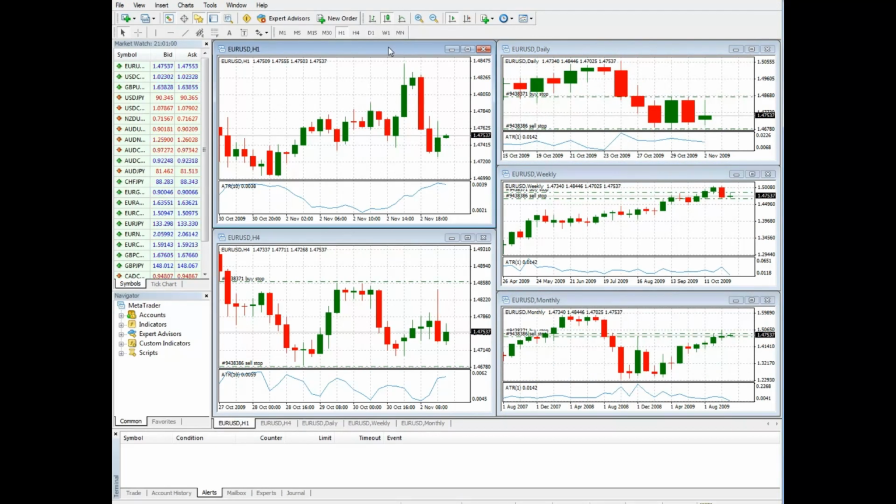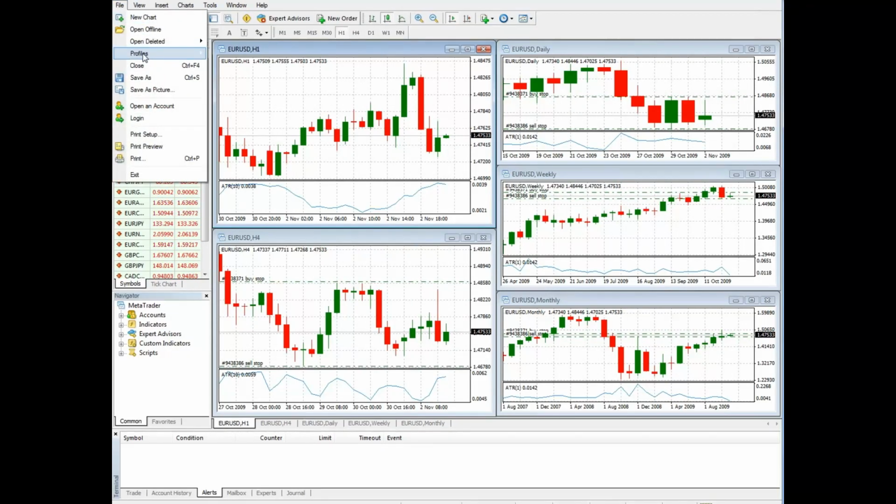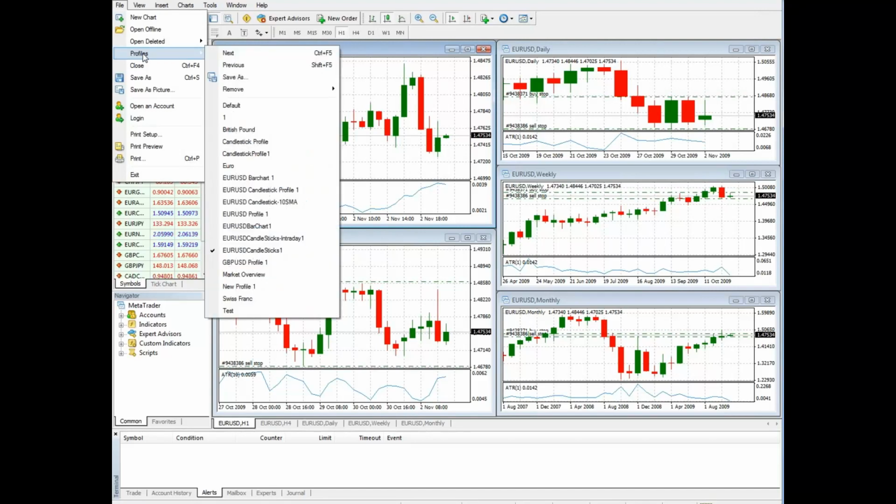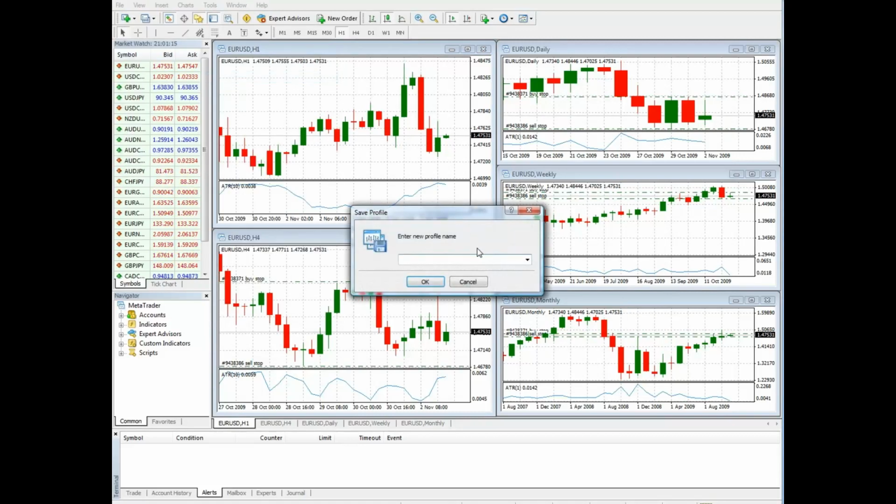expanding our trading opportunities. So here's what we're going to do. We're going to go to File, go to Profiles, and go to Save As. We're going to name it USD CHF candlesticks 1.